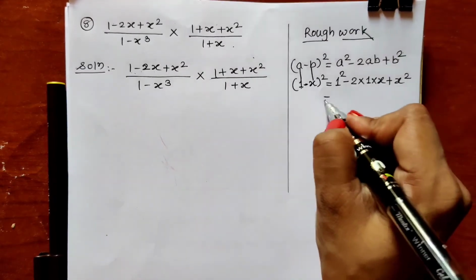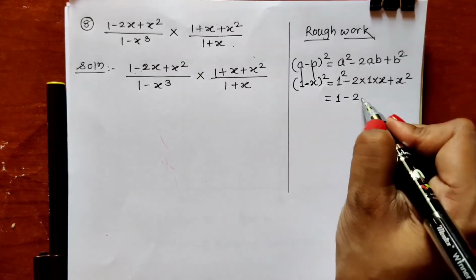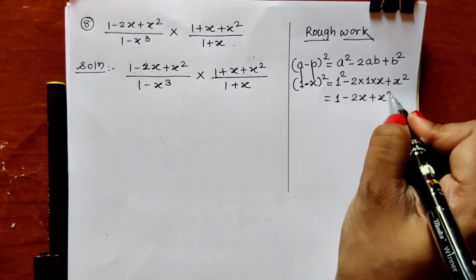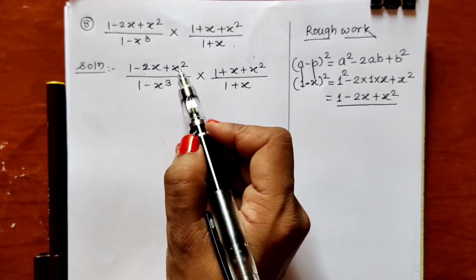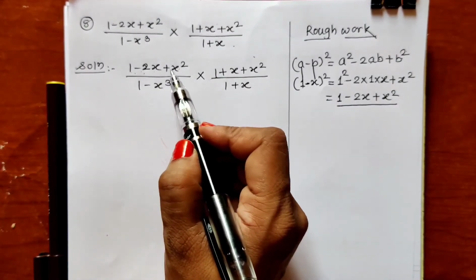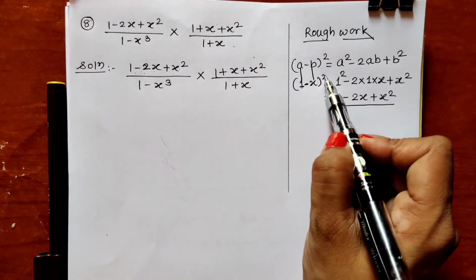So we get 1 minus 2x plus x square. So 1 minus 2x plus x square is the expansion of the bracket (1 minus x) whole square.